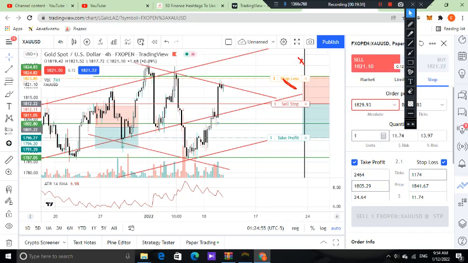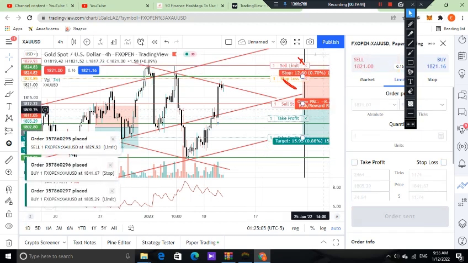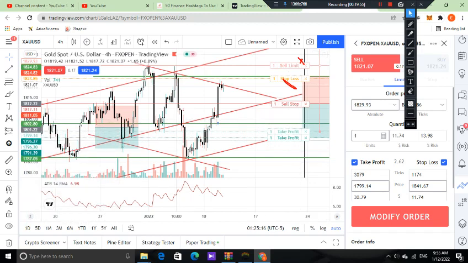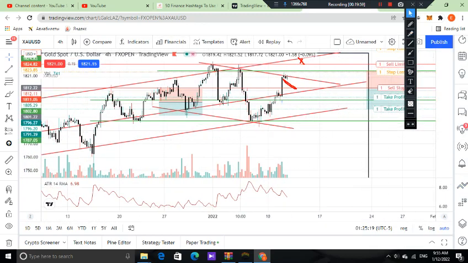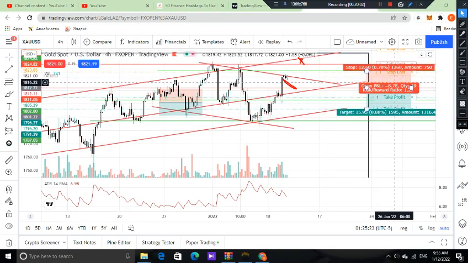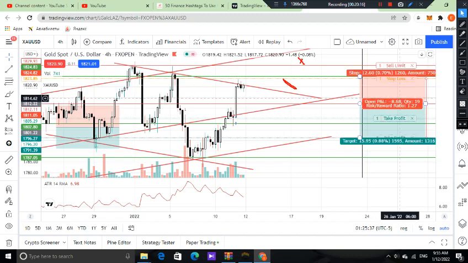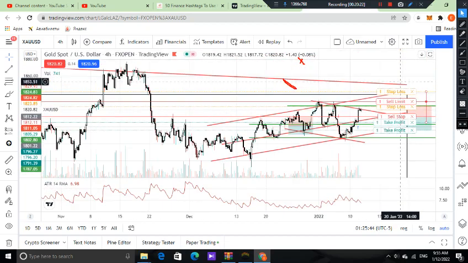And that's my sell limit position. About my take profit, okay, this one is my first position, and my stop loss here, and my take profit, and this one is my sell limit position.